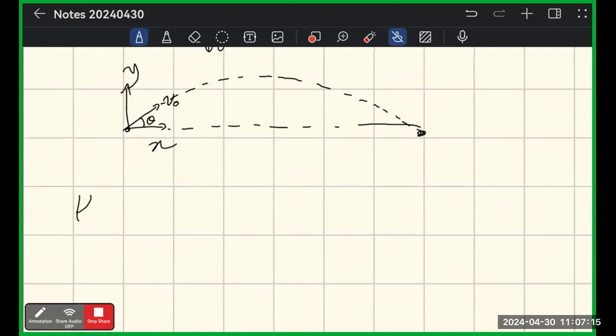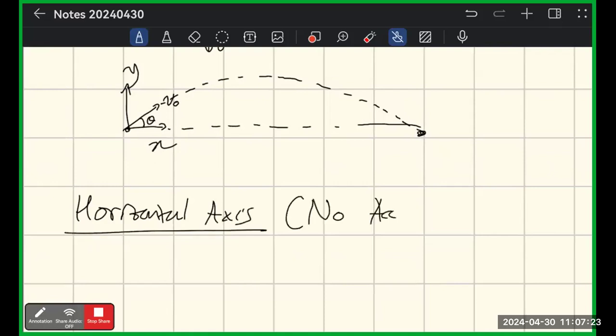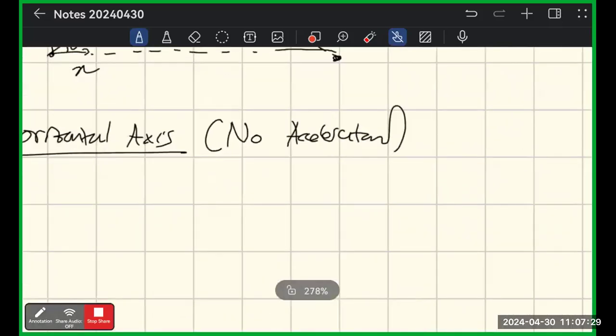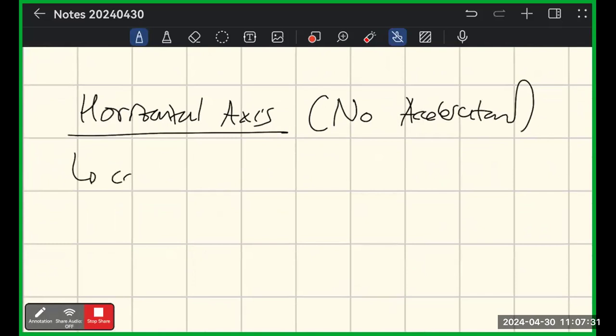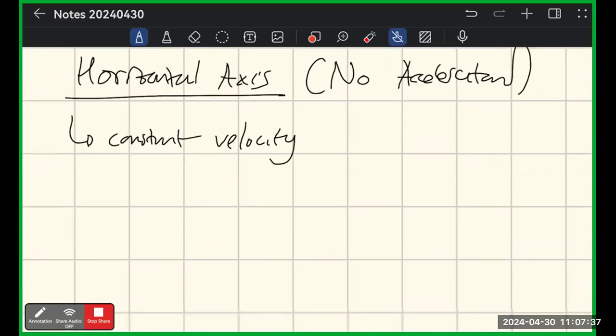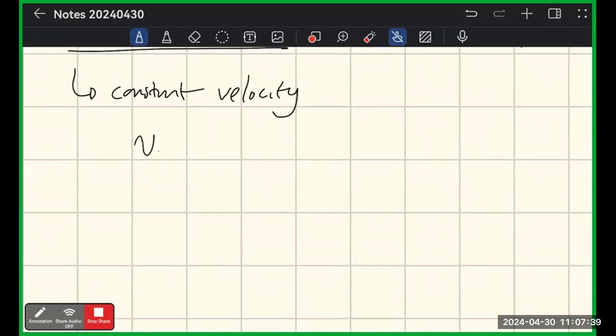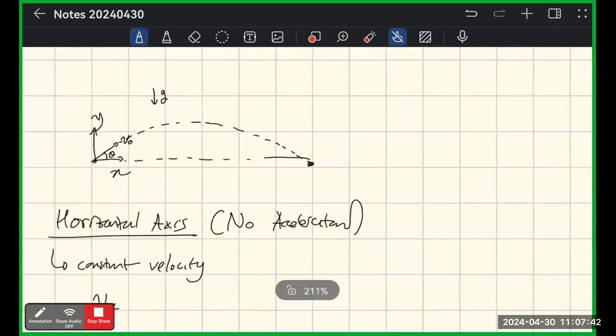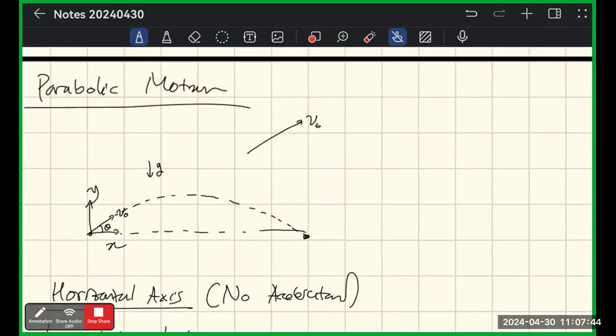For the horizontal axis, there is no acceleration, thus it's just a constant velocity motion. In this constant velocity motion, if you project this v naught, with this being theta, this is v naught sin theta, and this is v naught cos theta.